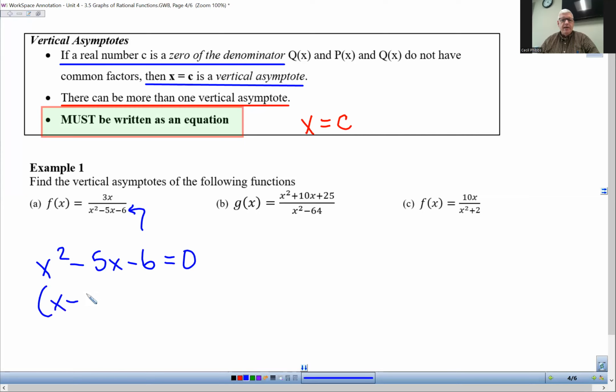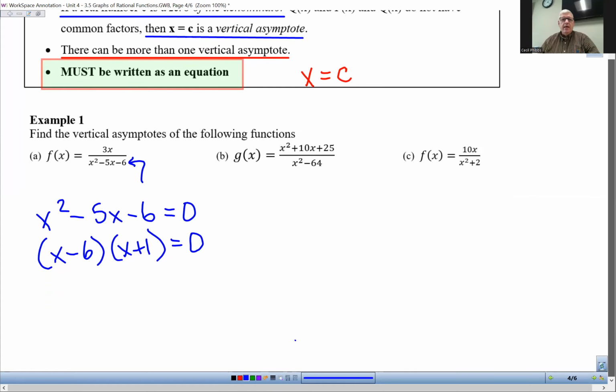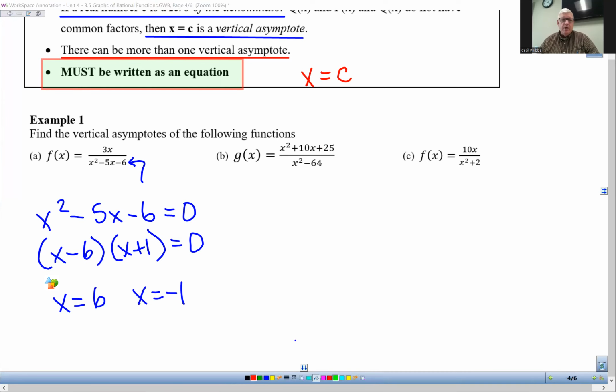So we get x minus 6 times x plus 1. Be sure your signs in your factors agree. And from those two factors, we get x equals positive 6 and x equals negative 1. So those are the two values that make the denominator 0. Those are the two values that represent our vertical asymptotes.